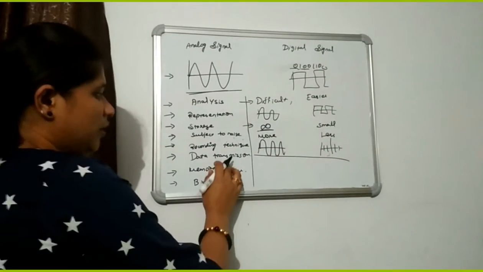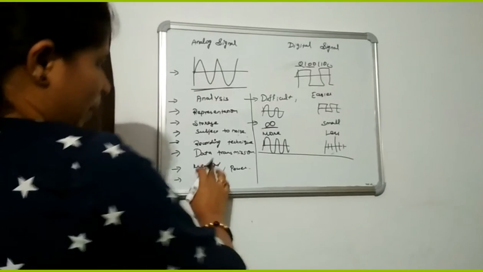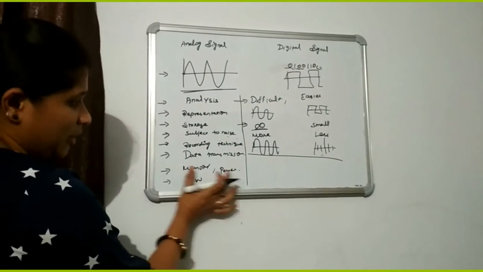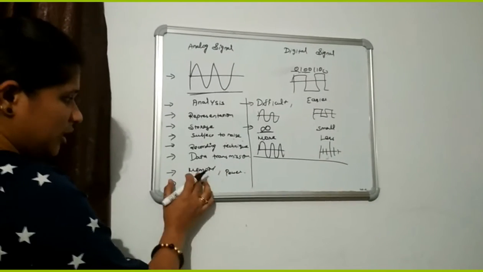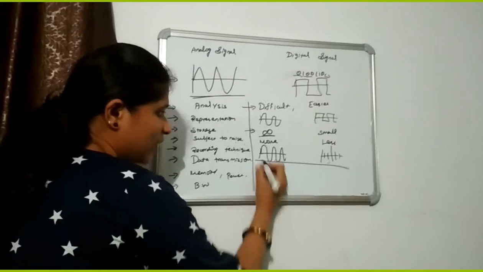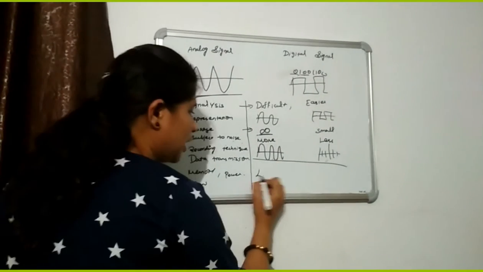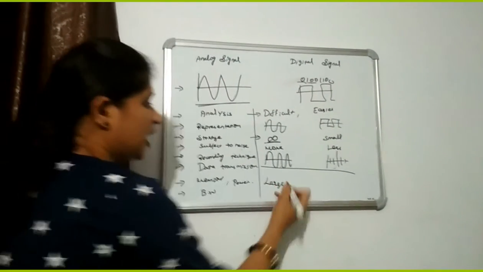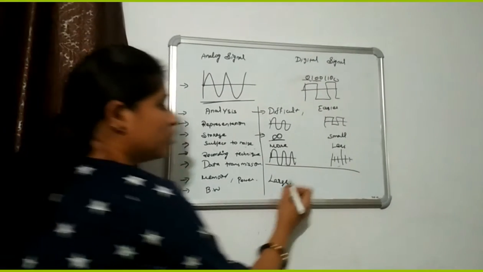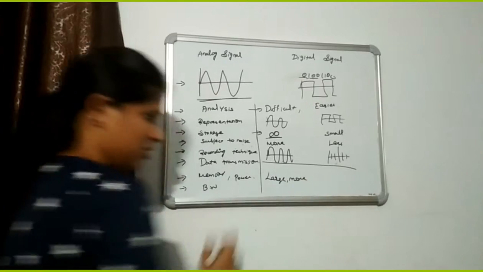Next, data transmission, memory, power and bandwidth. Let me tell you about memory and power first. It needs a large amount of memory as it is stored as it is. For storing this large memory and for complete data processing, it needs more power.